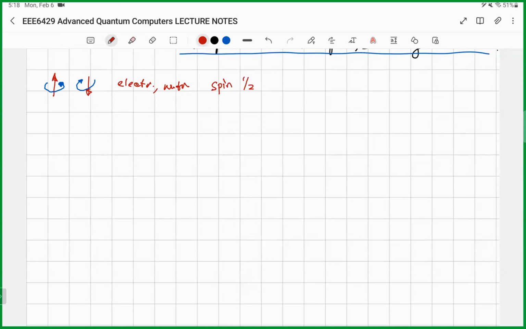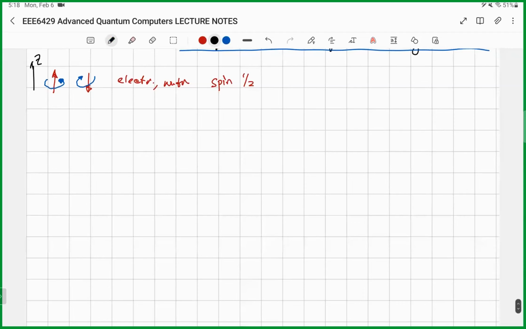This red arrow can point along different directions, like in this case, the z direction. My electron is polarized either upward or downward along z direction, and I can put my detector along z direction and measure the state along z.